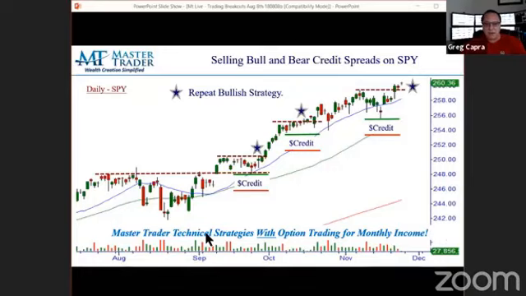The option is a deteriorating asset. So if it moves quickly, you're going to make much better money on your return, and if it doesn't, you're going to lose money. So there are pluses and minuses to each instrument.